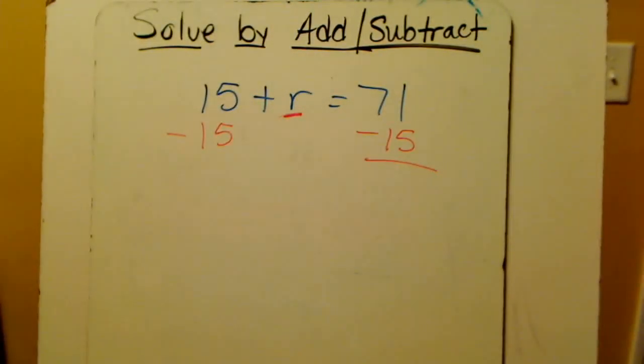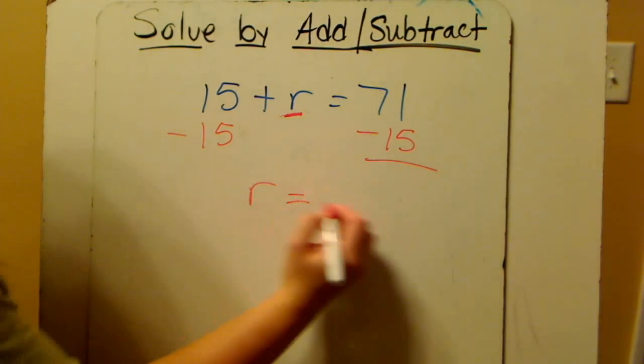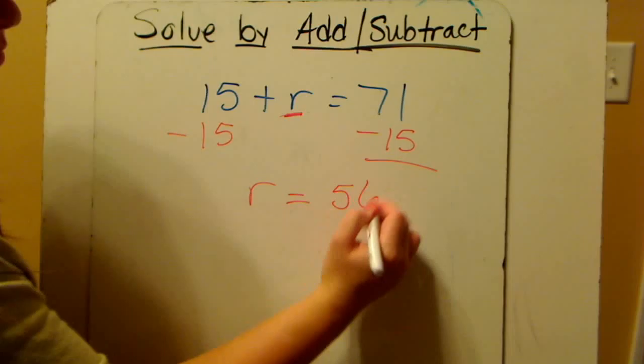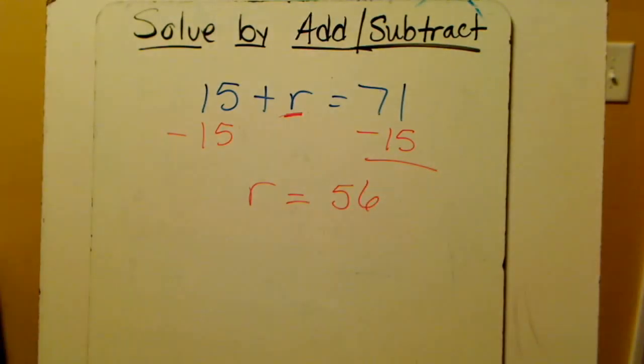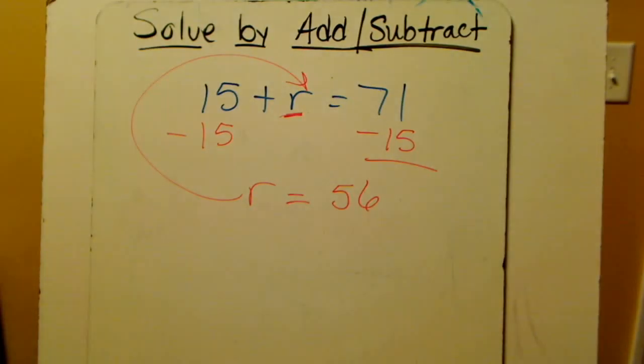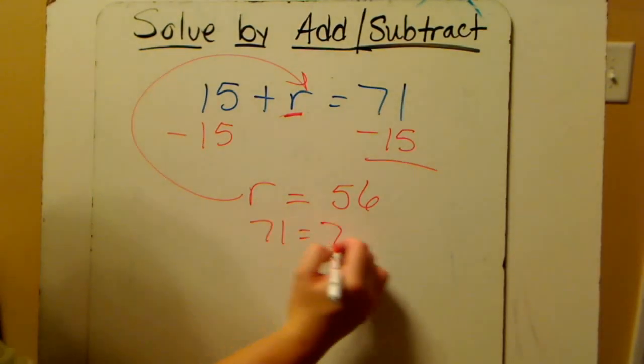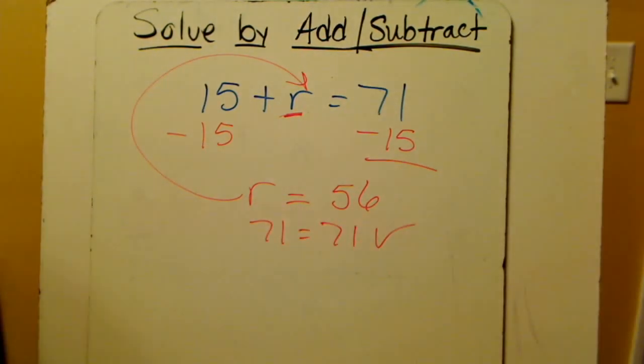When I subtract 71 minus 15, I get 56. Plug it back in to check. 15 plus 56 is 71. So it does check out in the end.